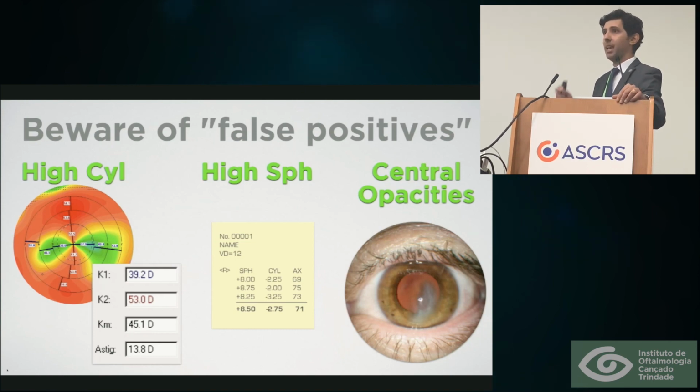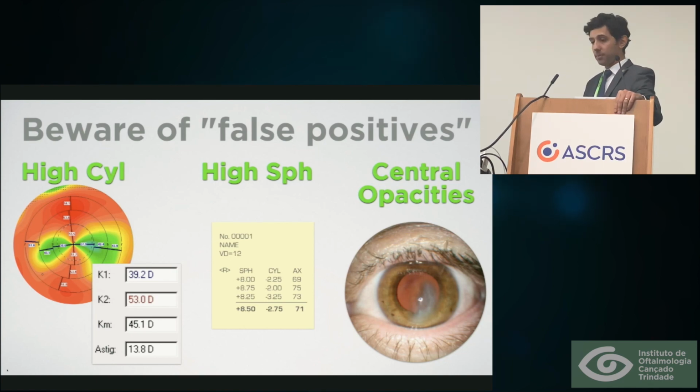Another important point is those patients where we see a central corneal opacity. This is common in advanced keratoconus. This is even common in RK, where we're left with a subepithelial scarring and some other sort of scars.